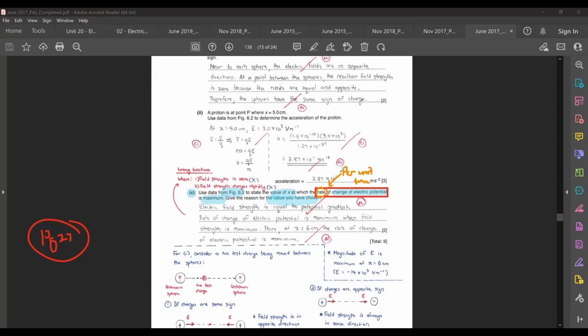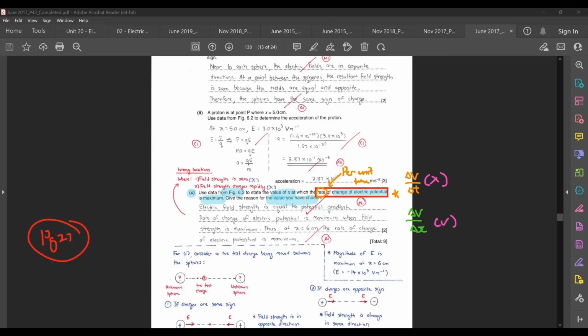But in the context of your current question, rate of change of electric potential isn't talking about change in potential over time. This is not the one they're referring to. What they refer to as rate of change of electric potential here is actually the change in potential with distance x.